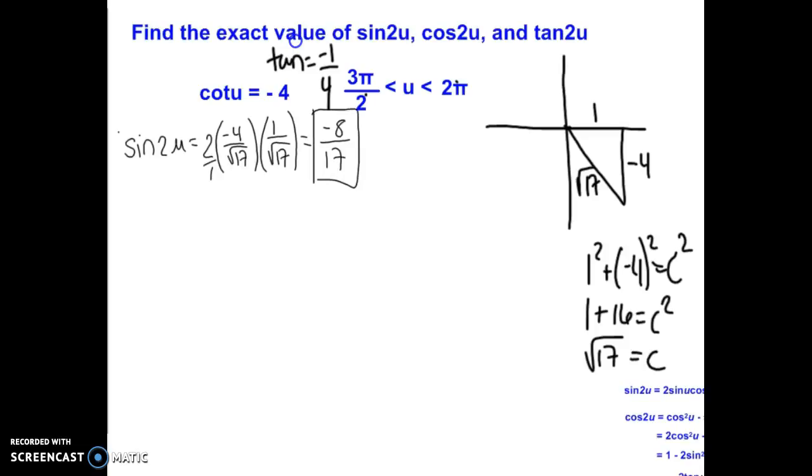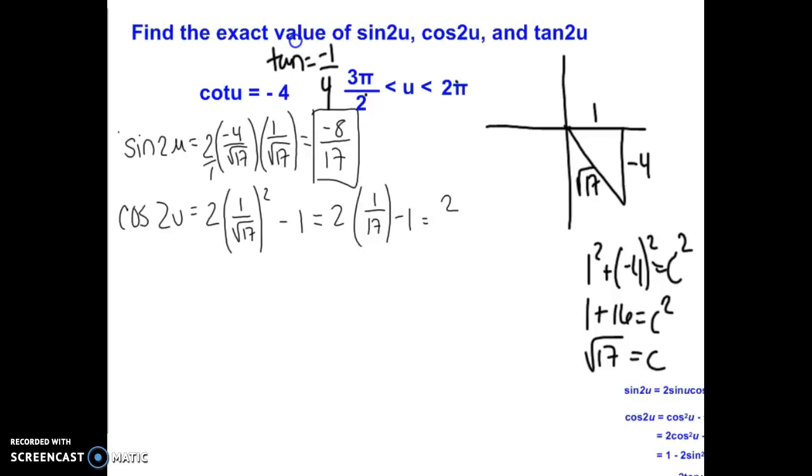Done. Cosine 2u. I can pick my formula. I'm going to do twice cosine squared, because I like that one. Twice cosine is 1 over root 17 squared minus 1. When I do that out, I get 2 times 1 over 17 minus 1. 2 17ths minus 1, which is negative 15 17ths.